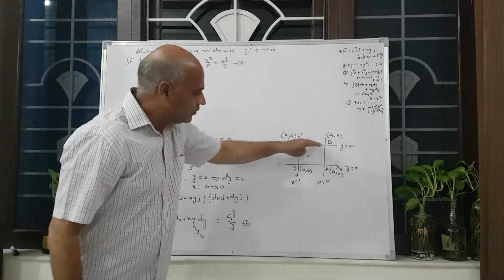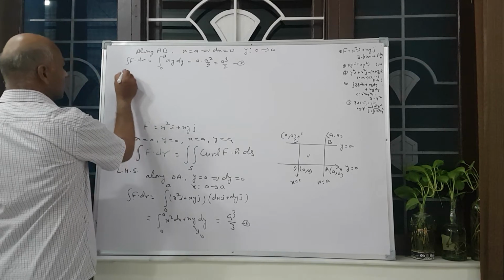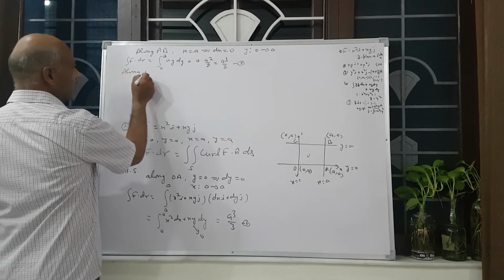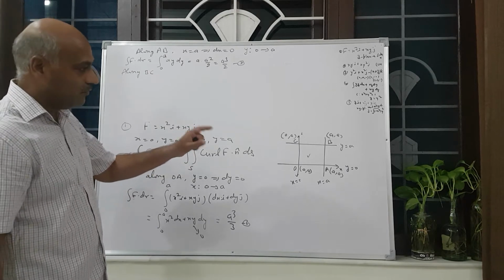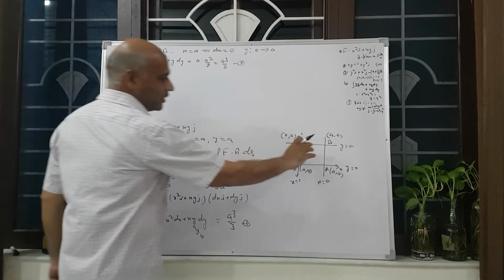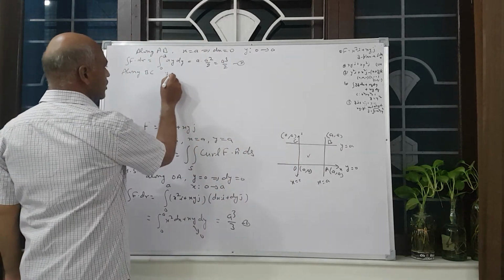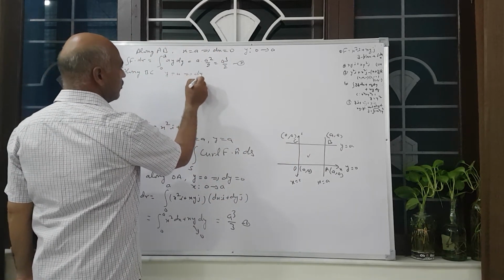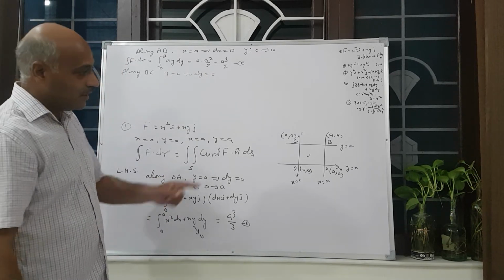Now come to the line y is equal to a, along BC. We have to integrate along BC. In BC, what is fixed? Here y is equal to a is fixed, so dy is equal to 0.